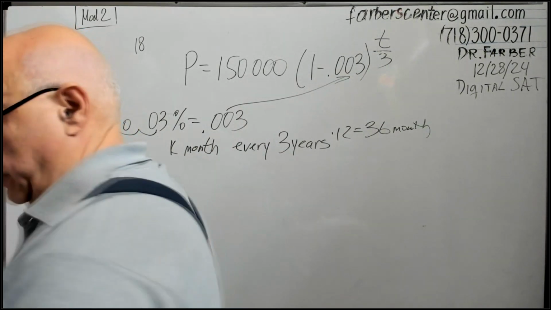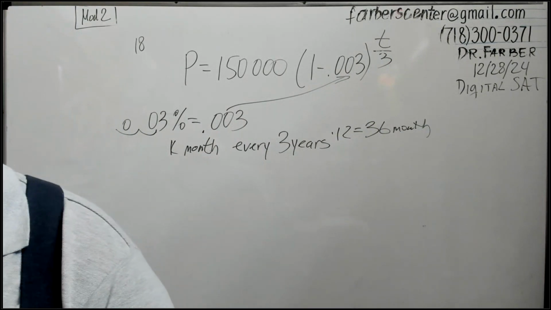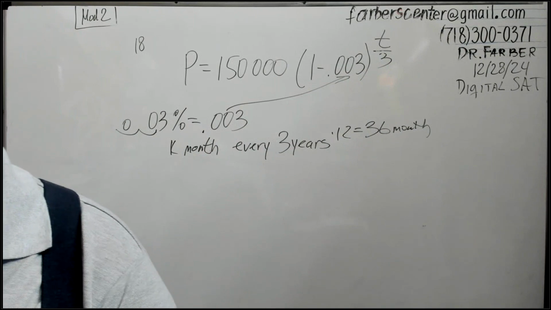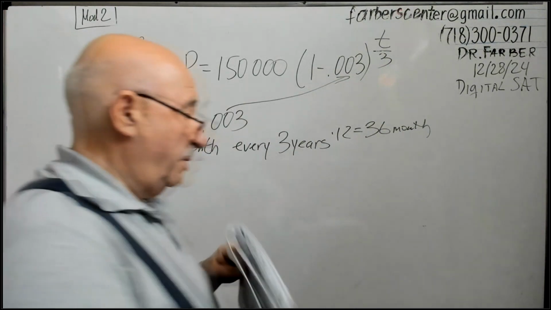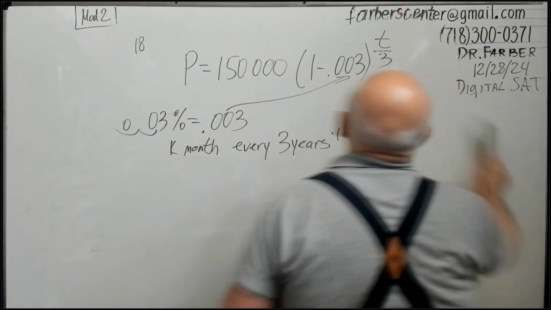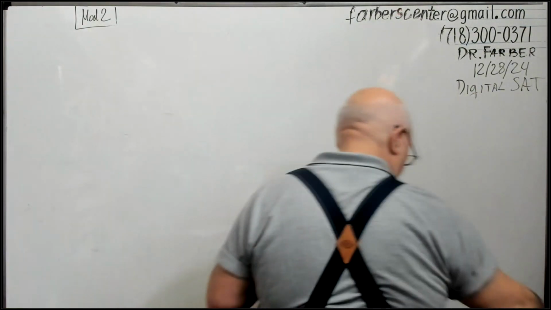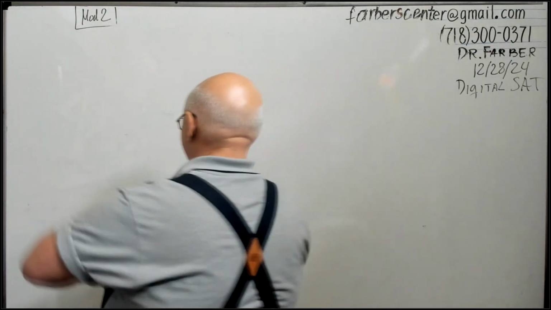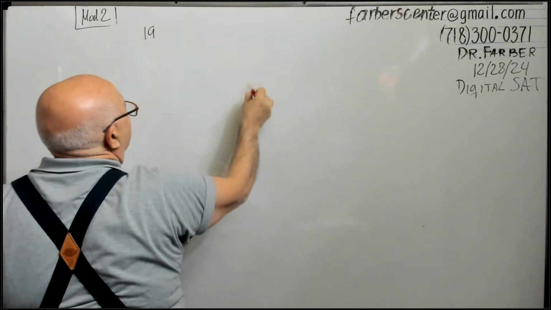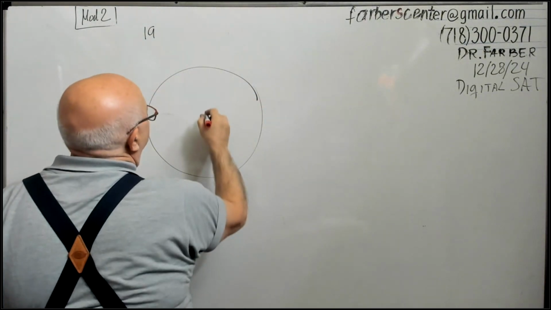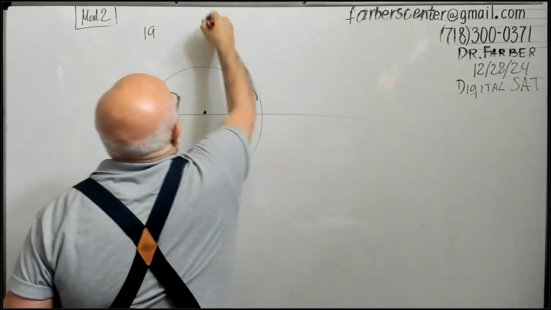And what do we have in 19? Let me find this 19 again with you. And make a picture first. Pretend we have this circle, and this goes on a Cartesian coordinate plane.